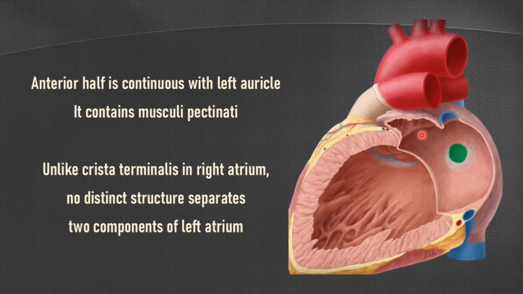But on the left side there is no line of demarcation, no distinct structure that separates these two components of the left atrium. There are pectinate muscles present on the anterior wall, which is why it is called rough, and there is no pectinate muscle on the posterior side, which is why it is smooth.